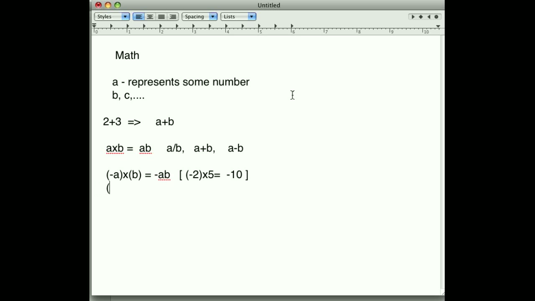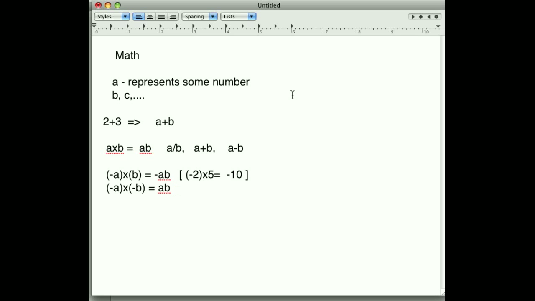Okay, let's go to the next example. What about if we have minus A times minus B? In this case, if we multiply two negative numbers, the result is positive. So the result of minus A times minus B is AB.